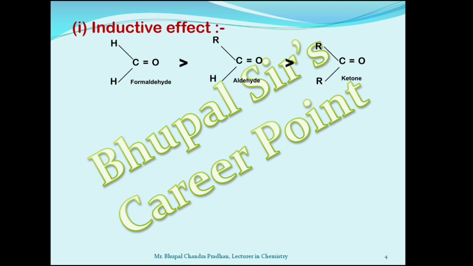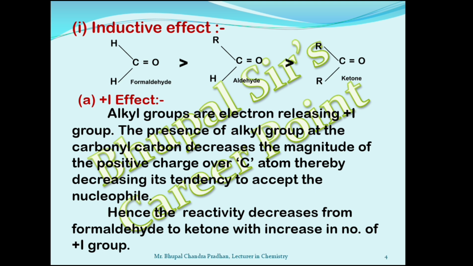But in case of ketone, the carbonyl carbon is attached to two electron donating plus I alkyl groups, which further compensate the electron deficiency of the carbonyl carbon. As a result, the backside attack of the nucleophile gradually decreases. So what do we have to write down in plus I?